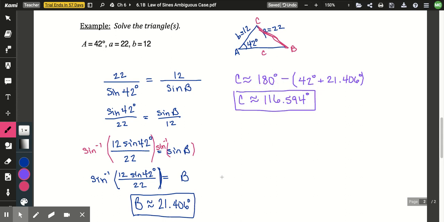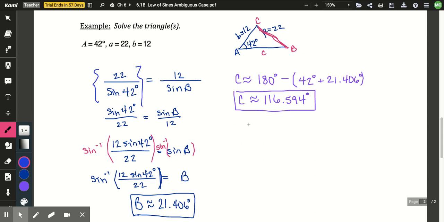Now from there, since I know all three angles and I know two of the sides, I could find the missing side. And this time it would appear that I have a choice in sides and angles that are related. But I want to use the ones where I did not have to approximate anything as often as possible. So I'm going to start with the same thing I did before at the very beginning.